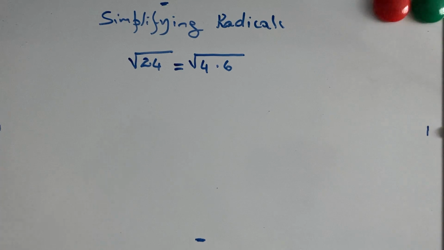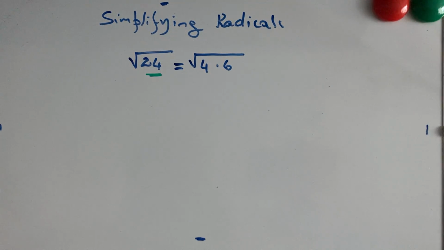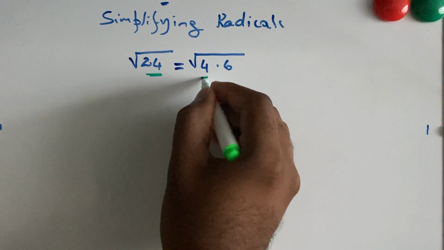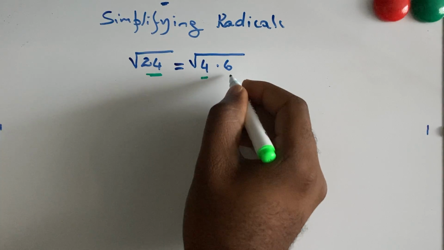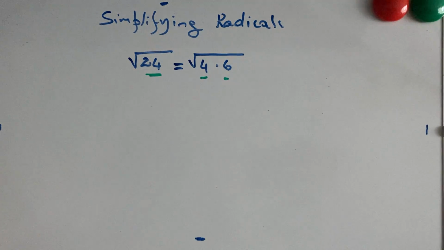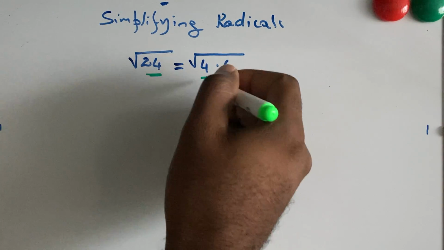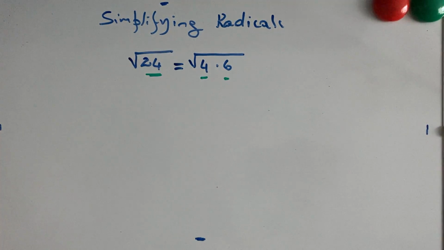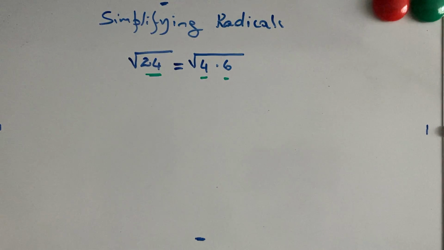So the key is this. If the number you have here does not work, if it's not a perfect square, what you need to do is to try to find a perfect square as a factor of that number. So a perfect square times another number, which doesn't have to be a perfect square, that could give you what you had before, which is 24 in this case.